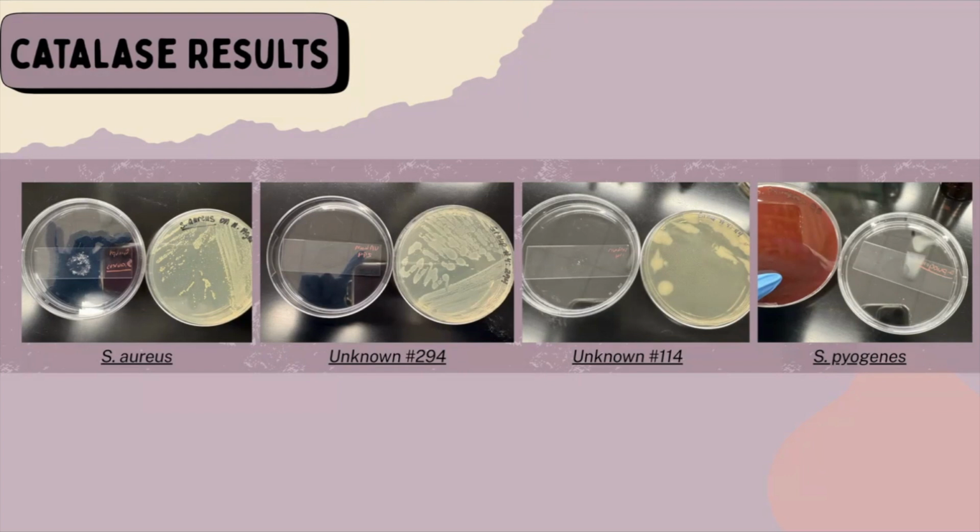For unknown 114, we saw immediate bubbling, which is catalase positive. This helps rule out Streptococcus and Enterococcus because it bubbled. And for S. pyogenes, we saw no bubbling, so it's catalase negative, which is expected for Streptococci.